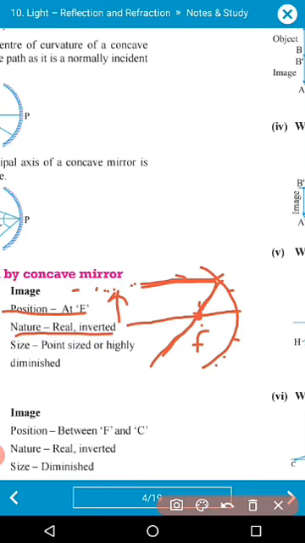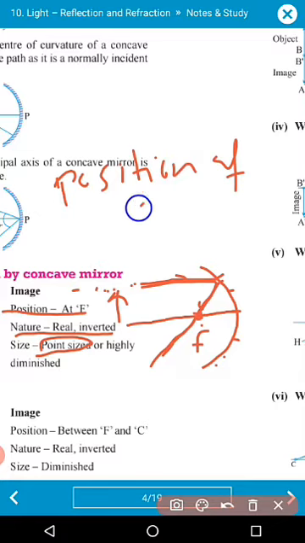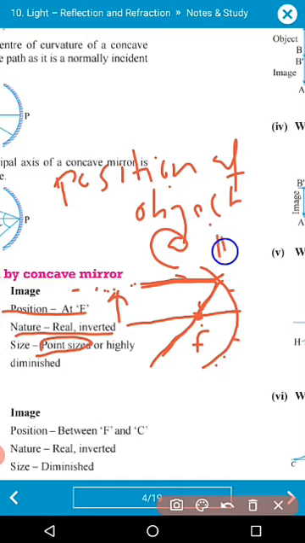The nature of the image is real and inverted, and the image is very small compared to the object. So the image is point size. Clear? So here, four things happen: the position of the object is at infinity.